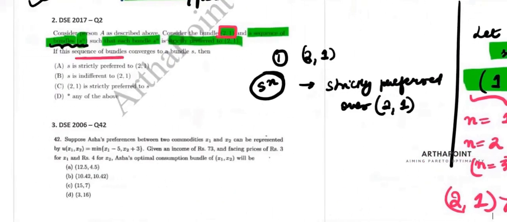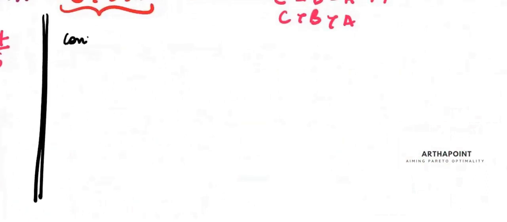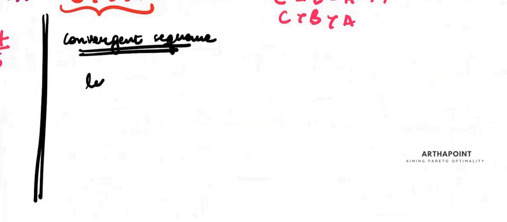Then it says if the sequence of bundles converges to a bundle S. Now for this, you must understand what is a converging sequence and a divergent sequence. Again, this is something we covered in maths, but let's understand this. A convergent sequence is one where as limit n tends to infinity for the sequence, you get some number. You should be able to get some number.